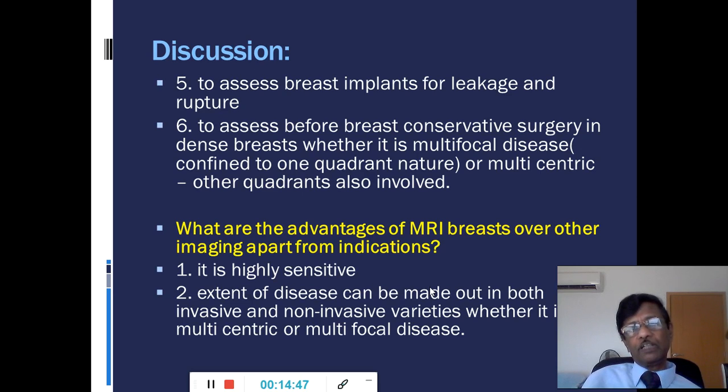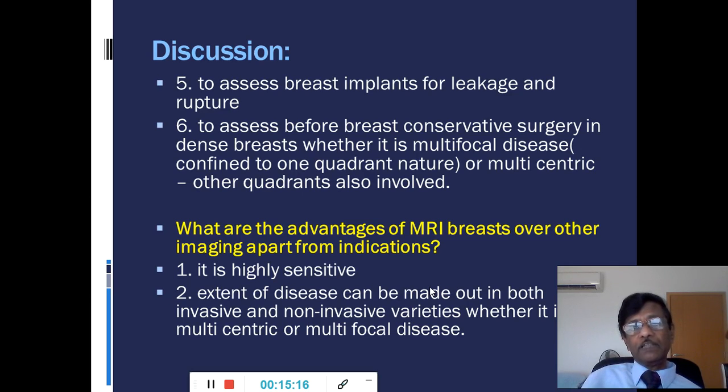So before doing a breast conservation surgery, we assess whether the disease is confined to one quadrant. If it has spread widely to other quadrants, breast conservative surgery cannot be done. For that purpose, one may have to do an MRI breast before planning breast conservative surgery.